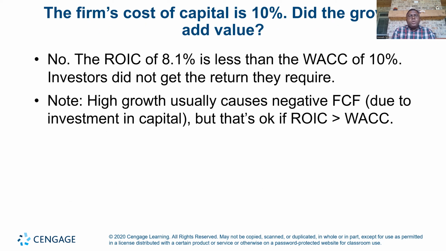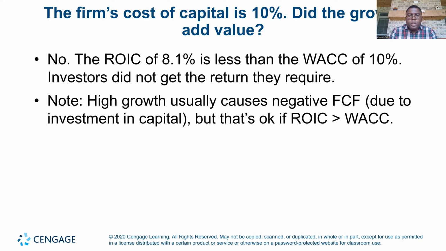All right. We can also interpret the return on invested capital in comparison with the WACC, which is the weighted average cost of capital. The firm's cost of capital, let's say, is 10%. Did the growth add value? That is the question we are asking ourselves. The company was making huge investments in growth, buying assets. Did that growth add value?